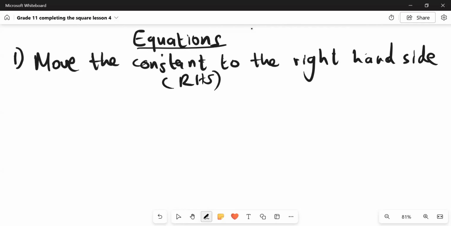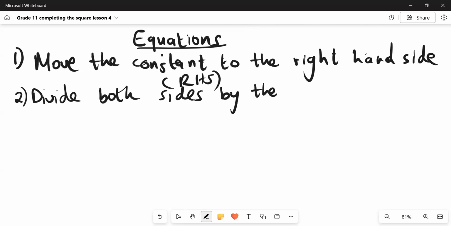Number 2, we divide both sides by the coefficient of x squared.